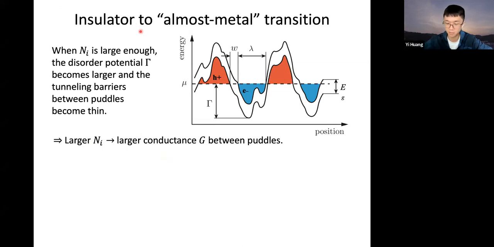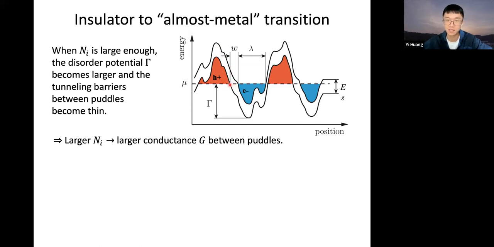So as I mentioned, the localization length will be enhanced by disorder. How does that happen? So we think of a disorder potential much larger than the band gap.